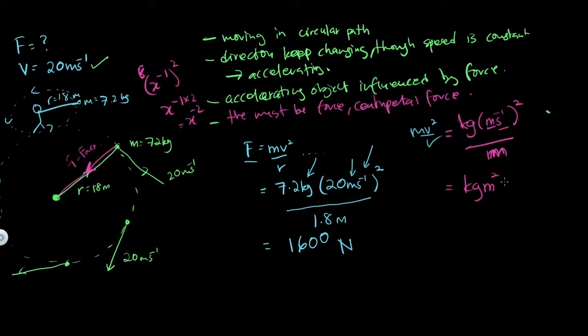So here s minus 1 times 2, we get s minus 2, divided by m. Then meter cancels out, kg stays there, one meter is left, s minus 2. So it is equivalent to Newton.